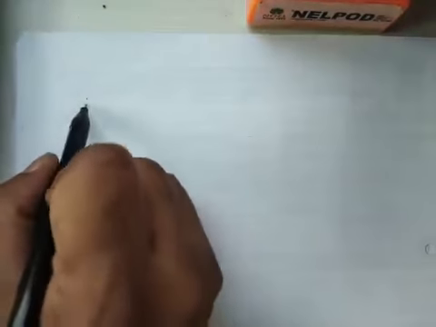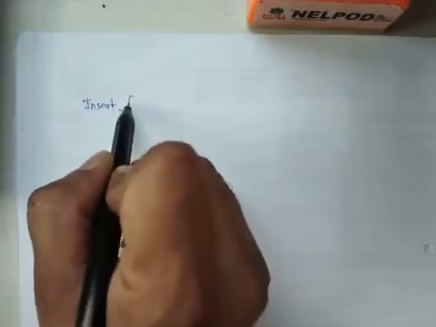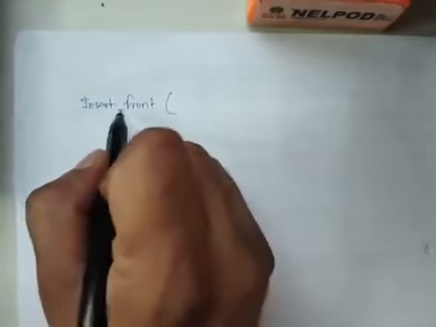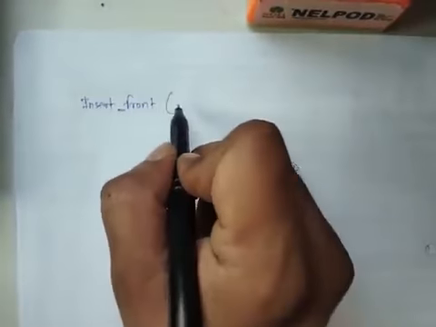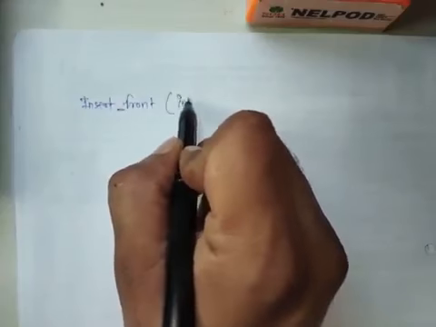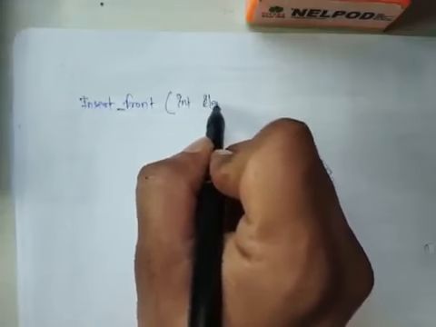So now I'm going to write the function, insert front. This basically takes as input the element, whatever value we are going to insert, that is an atom, or you can say element.